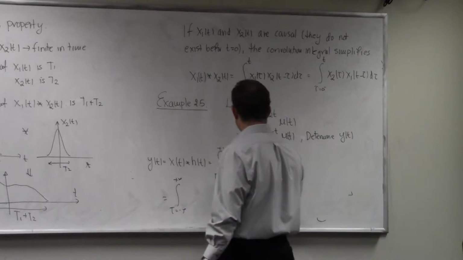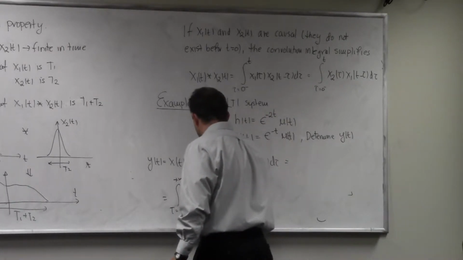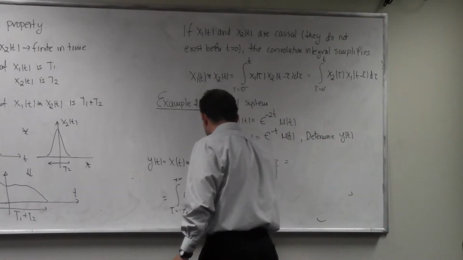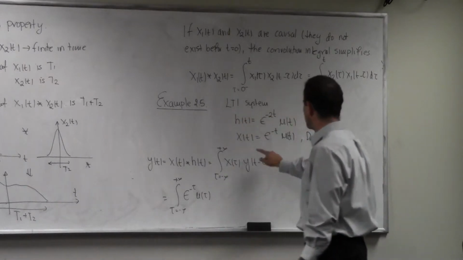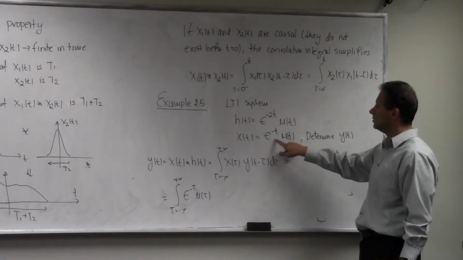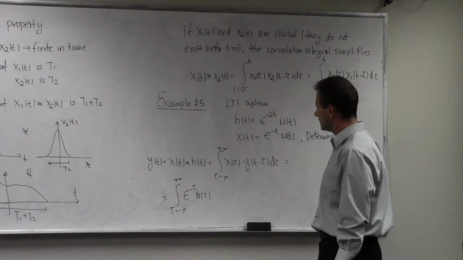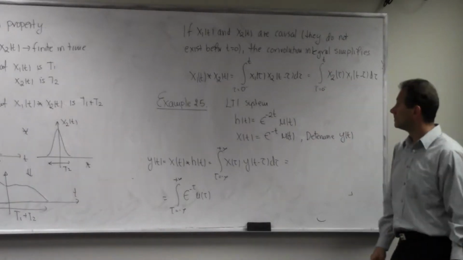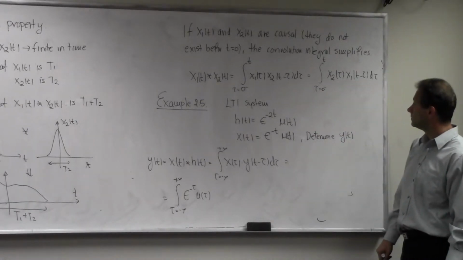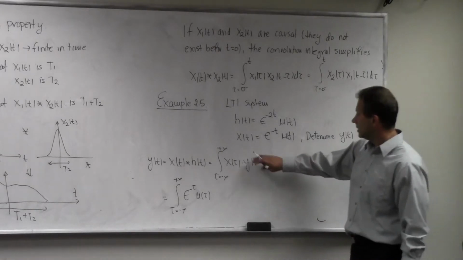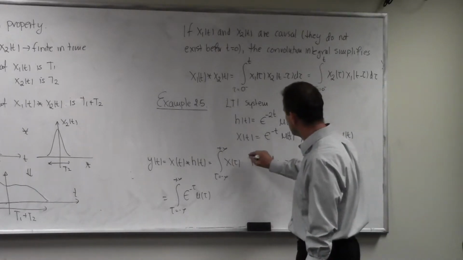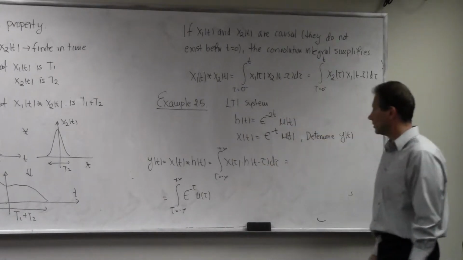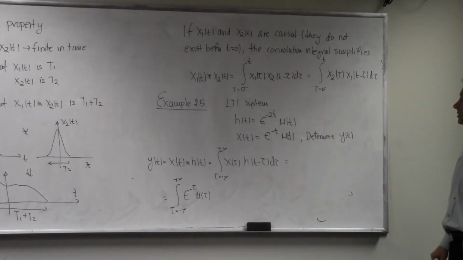The first one is x of tau, so it's e to the minus tau u of tau, right? Because remember, x of tau is this whole thing, not just e to the minus tau. Is that y of t minus tau or h of t in the last line? Oh, h, sorry. Yeah, h, your impulse response.